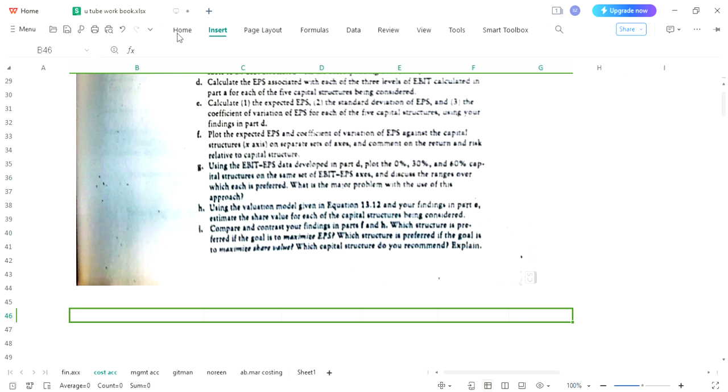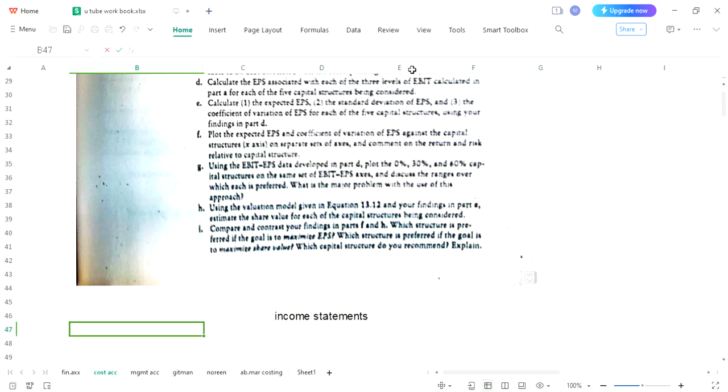Let's make its heading. As you know, these are live lectures, so every arrangement is made in front of you. Nothing is hidden. Income statements. Three different income statements will be made. The first would be with the probability given in the question.